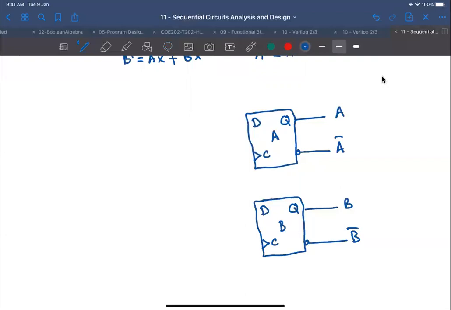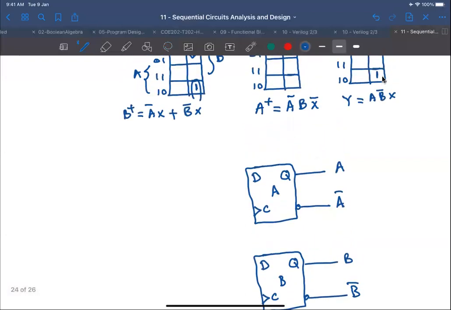So for A, it is A plus here, which is this input. The next state input for A is A complement B X complement, so we have a three input AND gate here.